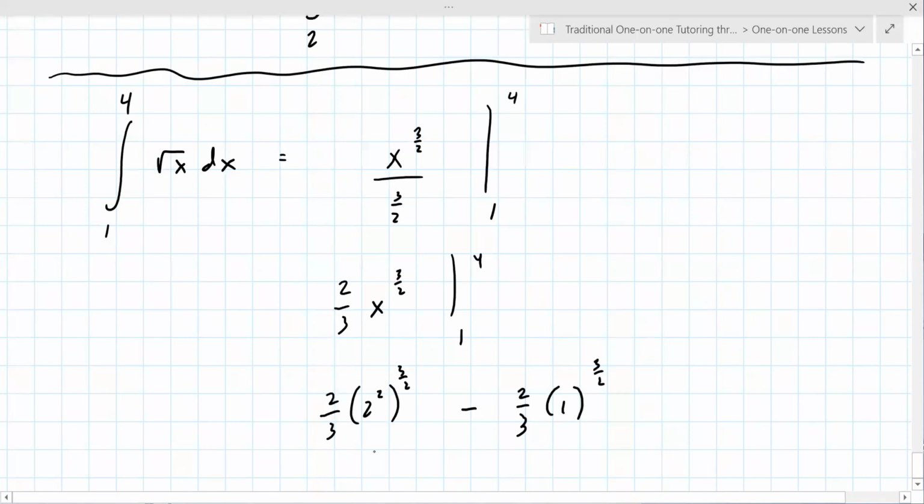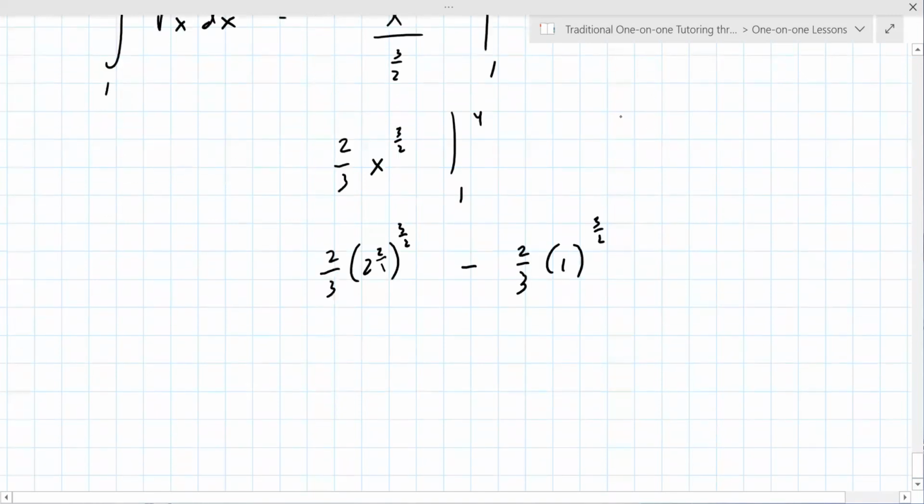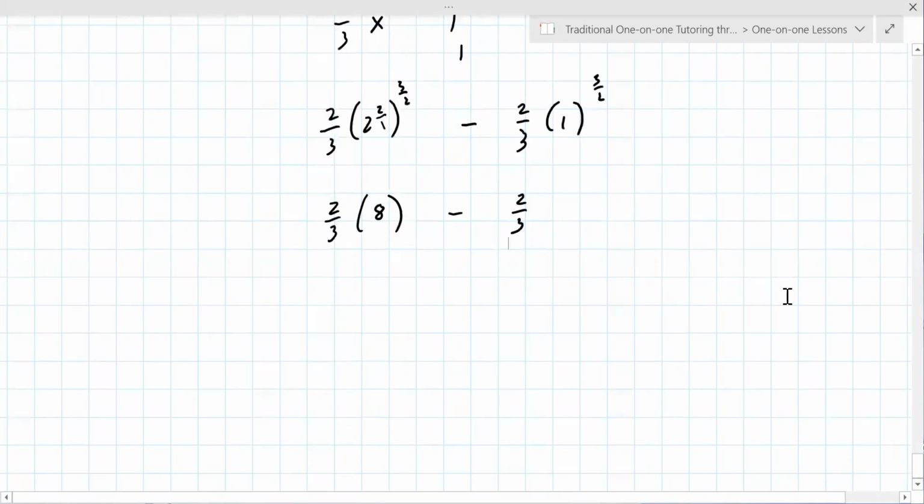So 2 times 3 halves is 3, so that becomes 2 to the third. 2 to the third, 8, over 3 halves, so times 2/3. Minus 2/3.